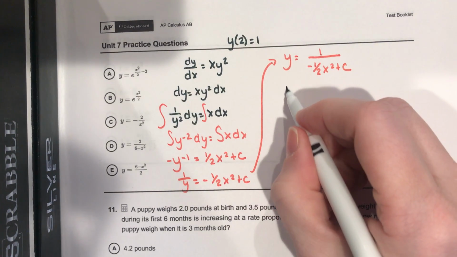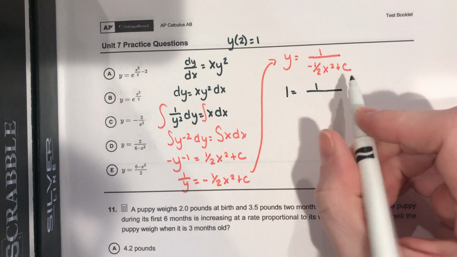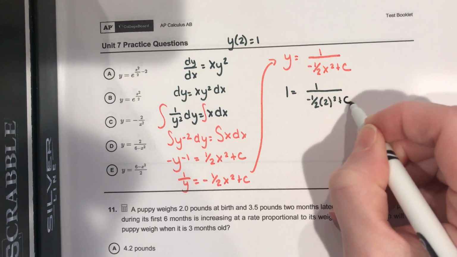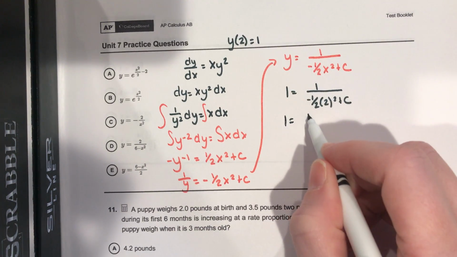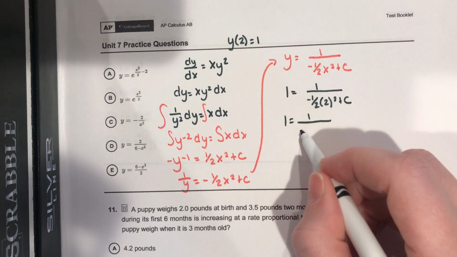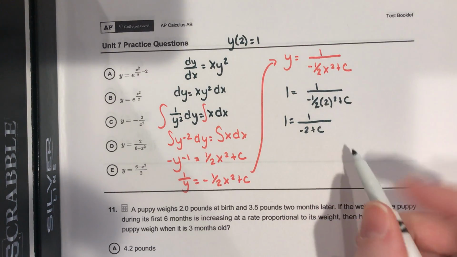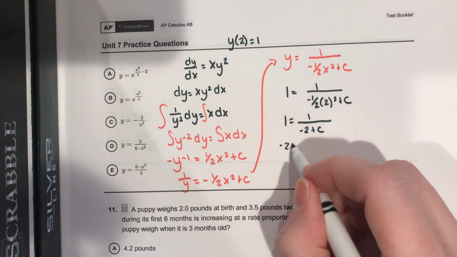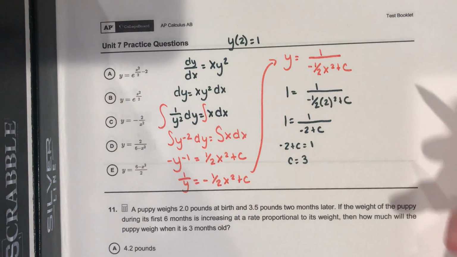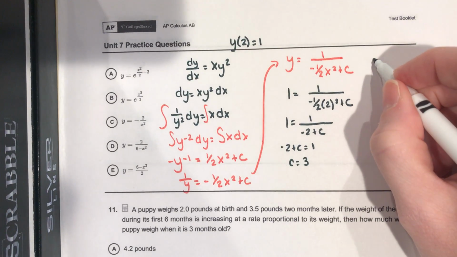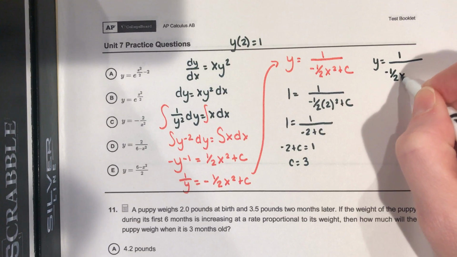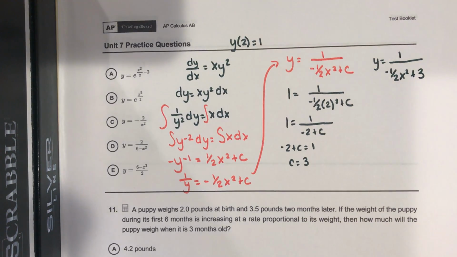We're going to plug 1 in for y and 2 in for x. This gives me 4 divided by negative 2, so negative 2 plus c. I'm going to cross multiply, so negative 2 plus c equals 1. C would be 3. So rewriting my problem, y equals 1 over negative 1/2 x squared plus 3.